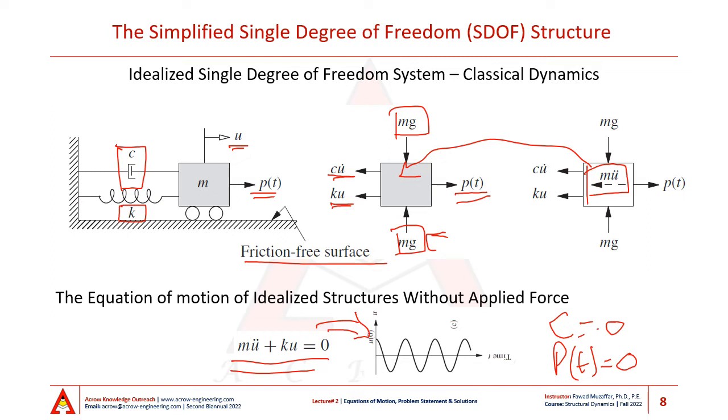If we do that, we'll get a plot that looks like this. And note that the oscillations of the resulting system never die down. We will discuss this later, but this is because we have assumed that there is no damping associated with the system, damping being the energy wasted during oscillation of a dynamically excited system.